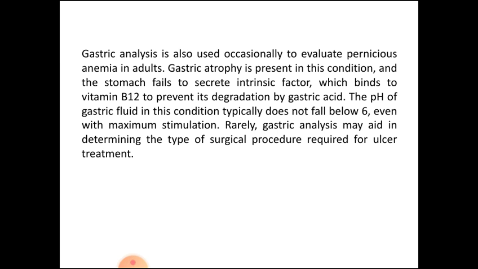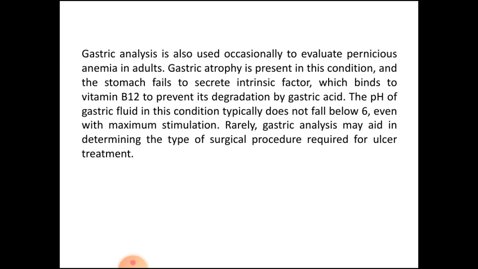When there is an abnormality or disorder in the stomach that leads to reduced production of intrinsic factor, this can lead to B12 deficiency, meaning loss of its binding with B12 and normal absorption.